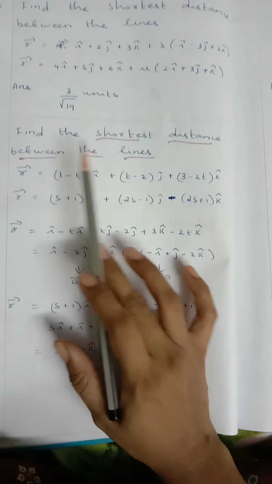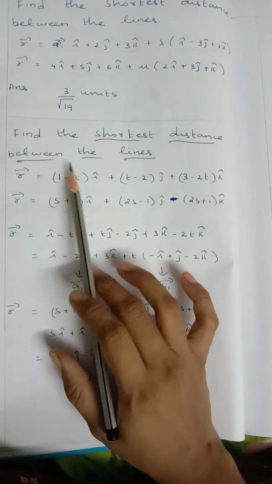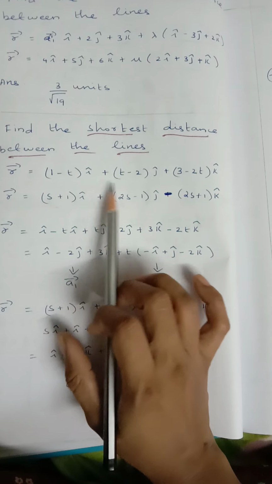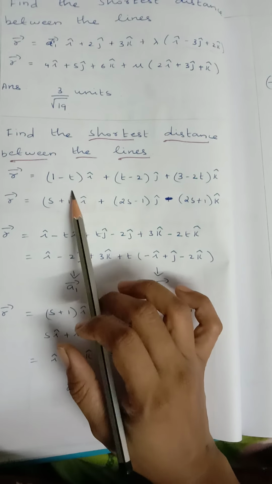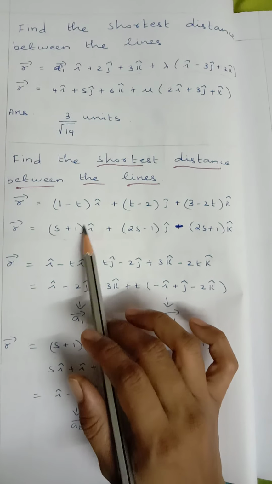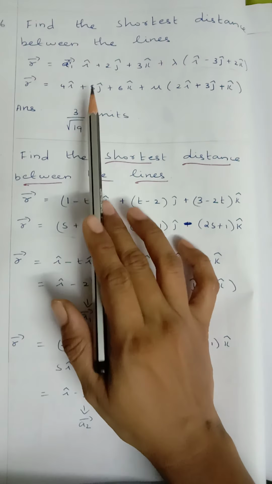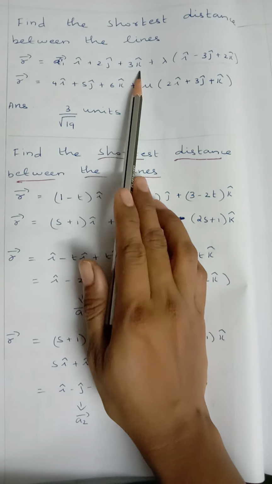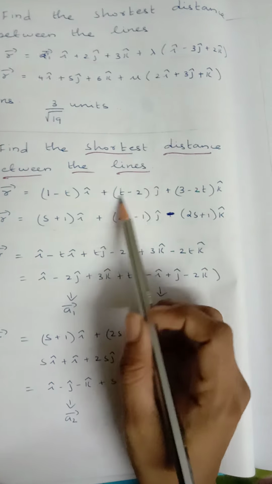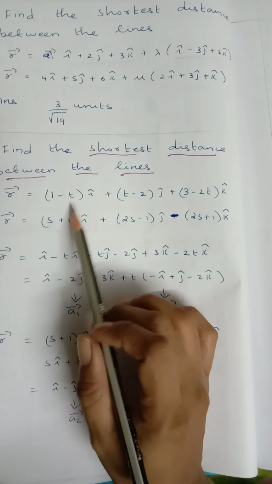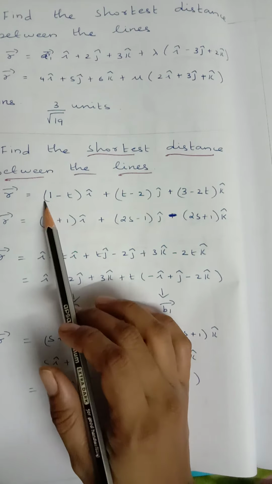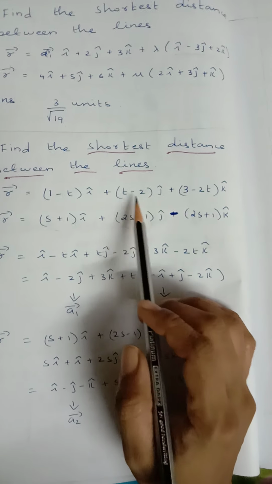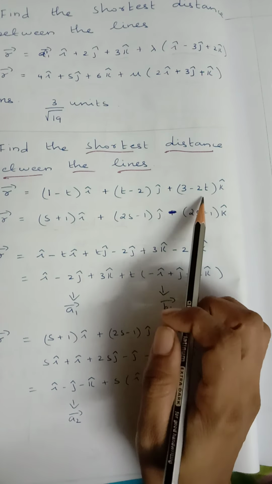Next one is find the shortest distance between the lines. Here also they are given in a line, but here it is not given in the form A plus lambda B. See, here you can separate it, right? This is your A and this is your B, but here you can see there are no separate terms. They are given 1 minus t into i, t minus 2 into j, 3 minus 2t into k.